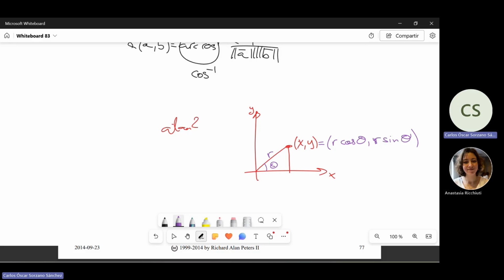And then atan2 would take y and x sideways. It is looking for the theta such that it is consistent with this y and x. And there is only one.